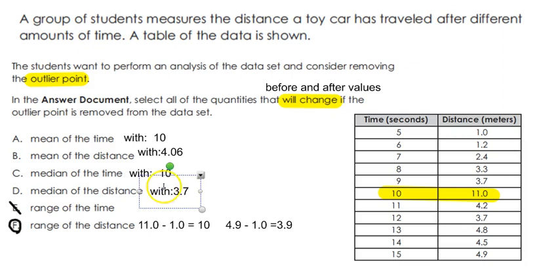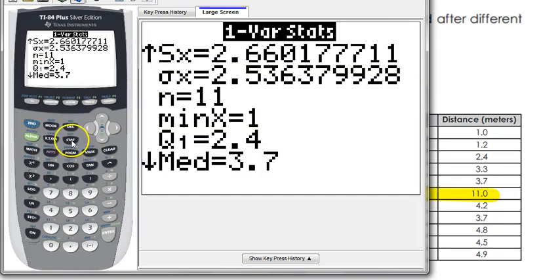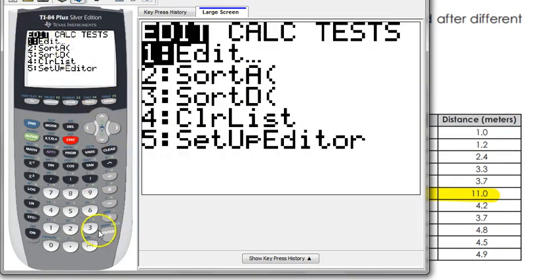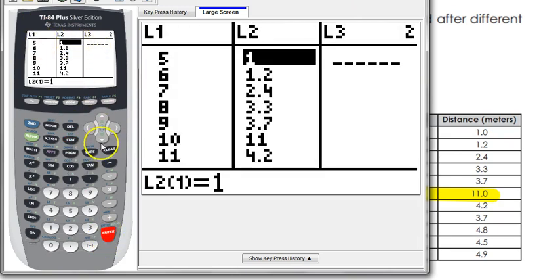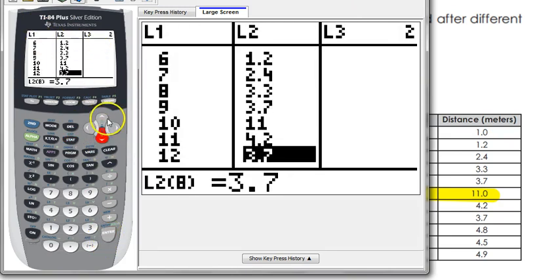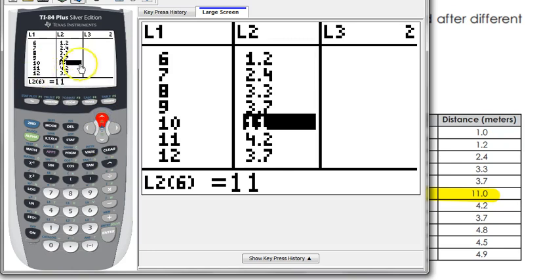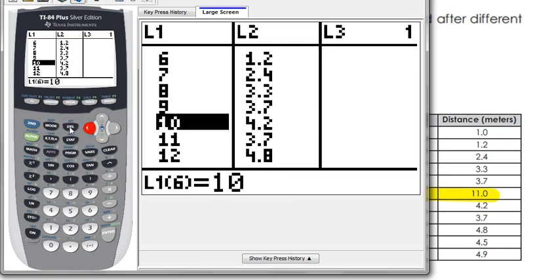All right, now we get to delete these values and just have the calculator do all the math for us again. So let's go to stat, edit, and then our outlier was, just passed it, 10 and 11. So we're just going to hit delete and come over here and delete, and we're good.